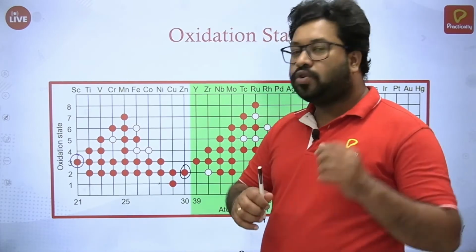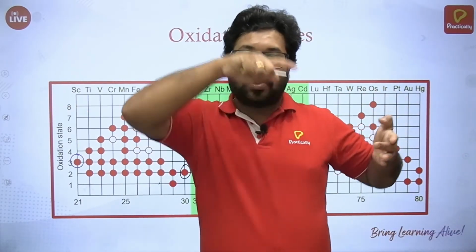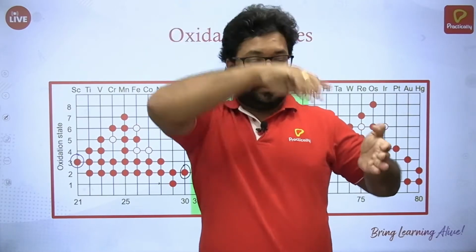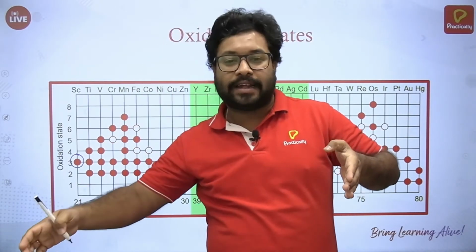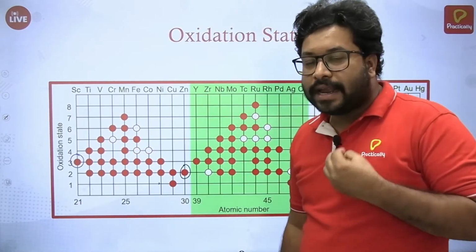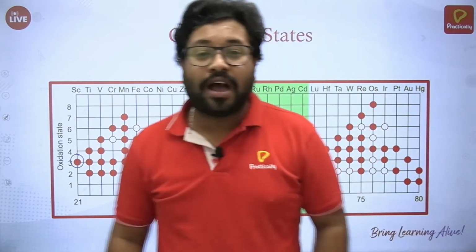From this 1 to this 1, they went to the highest in the middle of the series. It kept on increasing like this, and again kept on declining like that. That is how the trend of oxidation states in the 3d series goes.